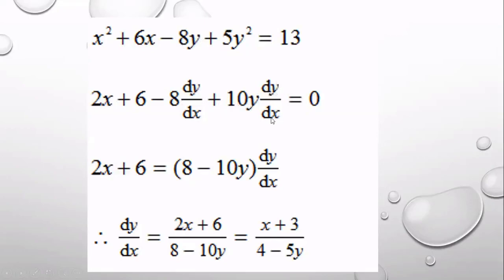Power rule first, 5 into 2, 10y. Then differentiate y: dy over dx equal to 0. 2x plus 6 equals, take all the dy part out. So dy over dx, this part comes and divides. So the answer is x plus 3 over 4 minus 5y. Okay, now clear?